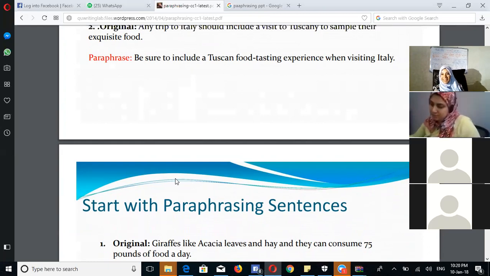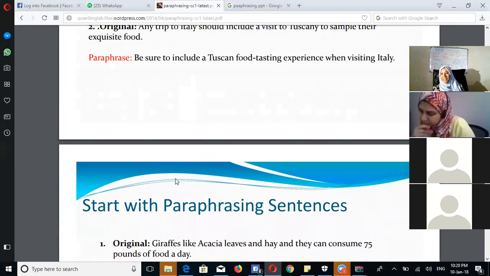Osama? Giraffes such as acacia, which are living, and hay, can consume 75 pounds of food per day. Okay, it seems that you don't understand. Acacia is the leaves, is it correct?